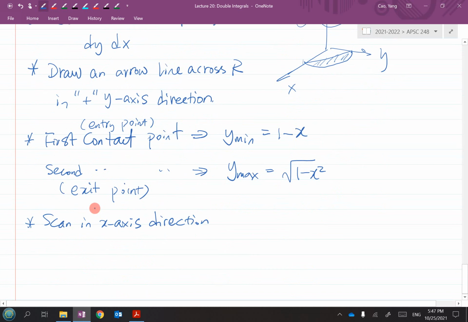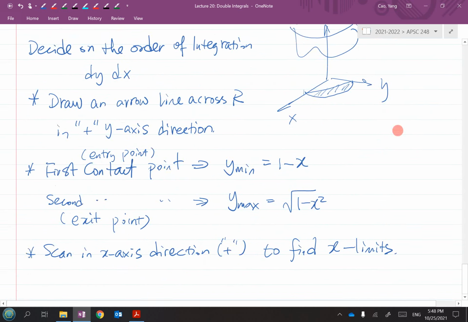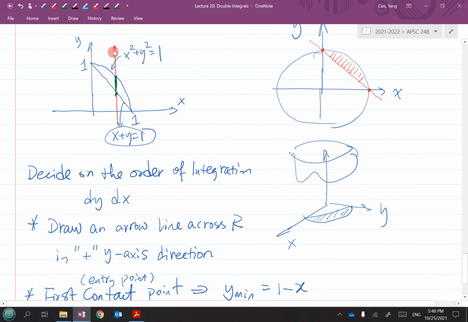So technically in the positive x-axis direction, this step is to find the x limits. So for this step, remember the first arrow line you created.